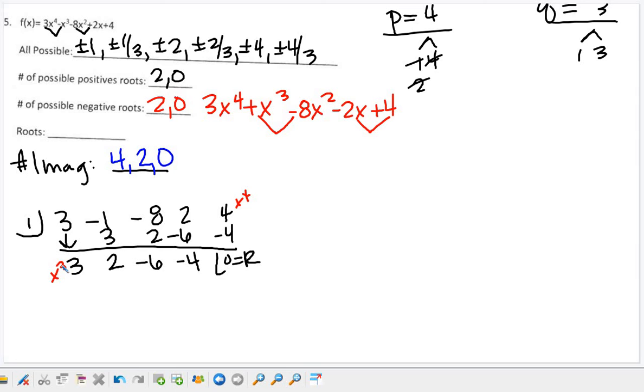So let's look at, so I know I need to do it on the quotient, which would be 3, 2, negative 6, negative 4. Bring the 3 down, so let's see if we can figure this out.